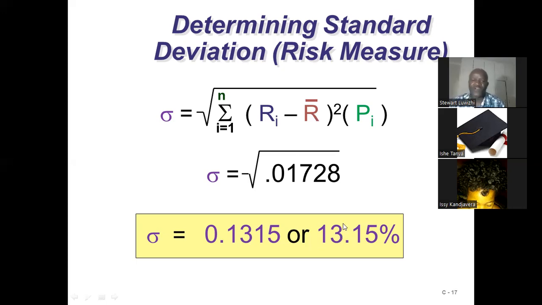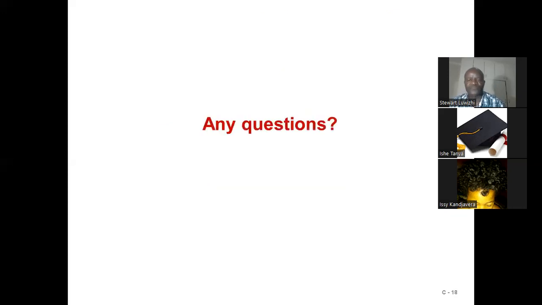If we subtract this from 100, we'll get 86.85. The 86.85% becomes the level of certainty that is there, but the risk is 13.15. In other words, we are saying there is a 13.15% probability that we will not get the return that we calculated earlier on, that return of 9% or 0.09.